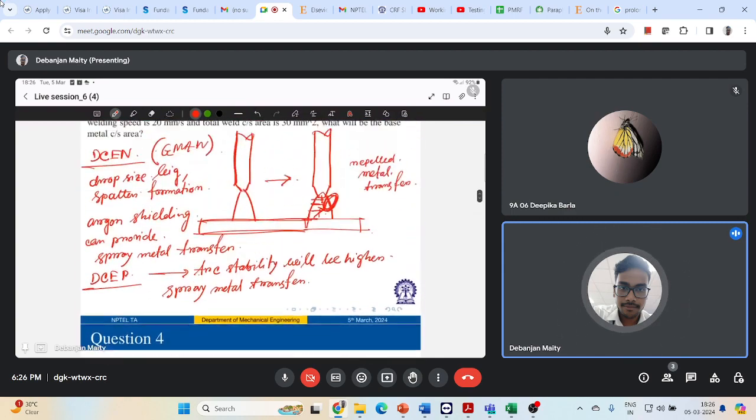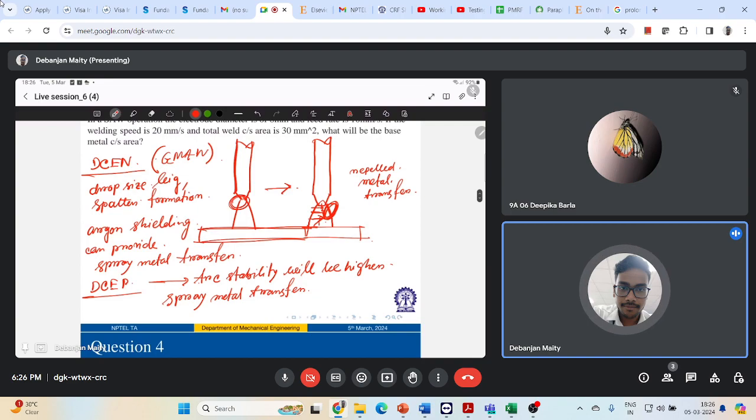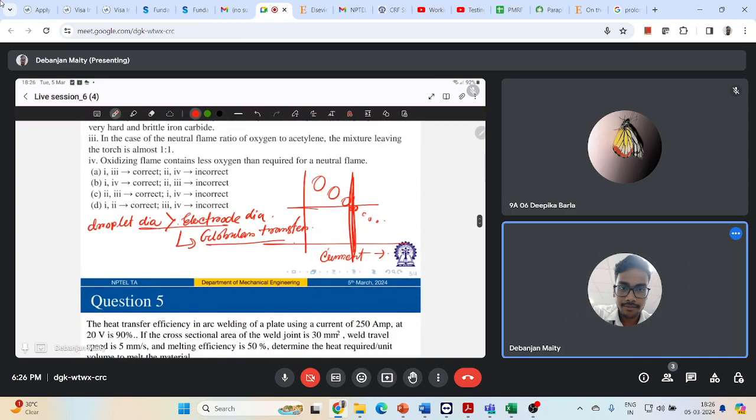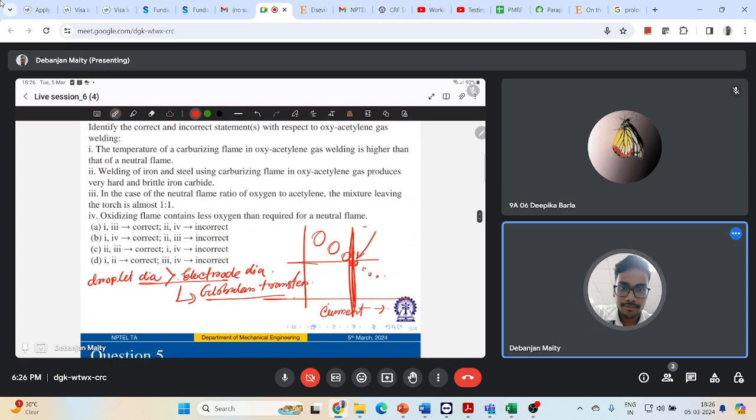So there is this change in area of the electrode tip. They become pointed, and the drops transfer at a rate of about 100 per second or so. The rate will be very high when you are using spray transfer, where very fine droplets get produced, right? And this current is called the transition current.